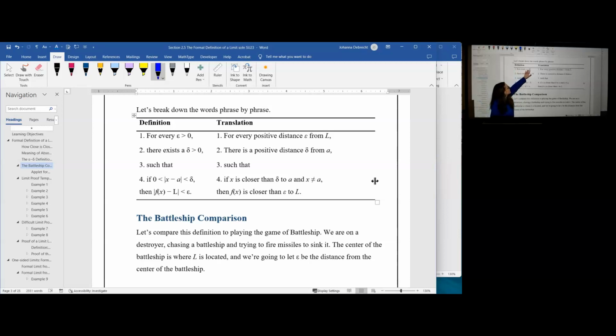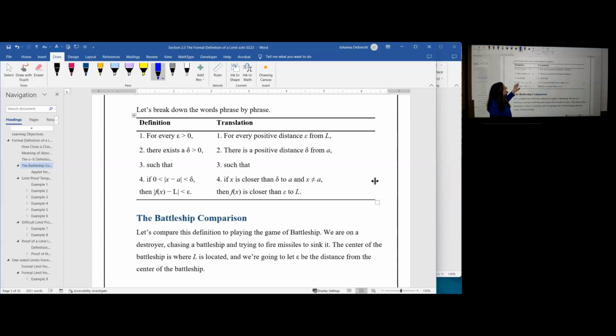For every epsilon greater than 0, for every positive distance that I choose, epsilon from L, there exists a delta greater than 0. There is a positive distance delta from A. Epsilon is how far from L, y values. Delta is how far from A, x values.